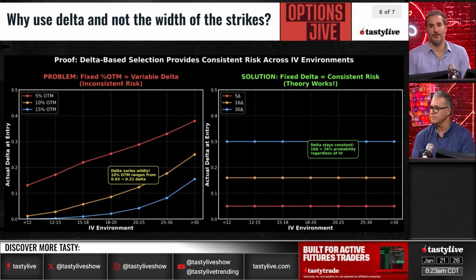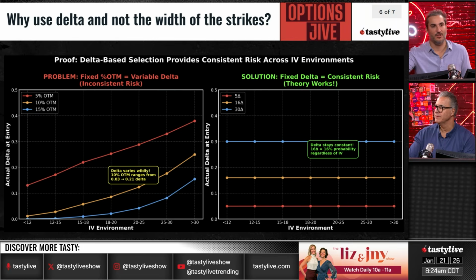So just to put this point out there, the reason we use delta is because fixed width isn't the same across multiple underlyings. If I told you that I'm $10 out of the money on a put, the context isn't there because you don't know if it's a $500 stock or a $20 stock.